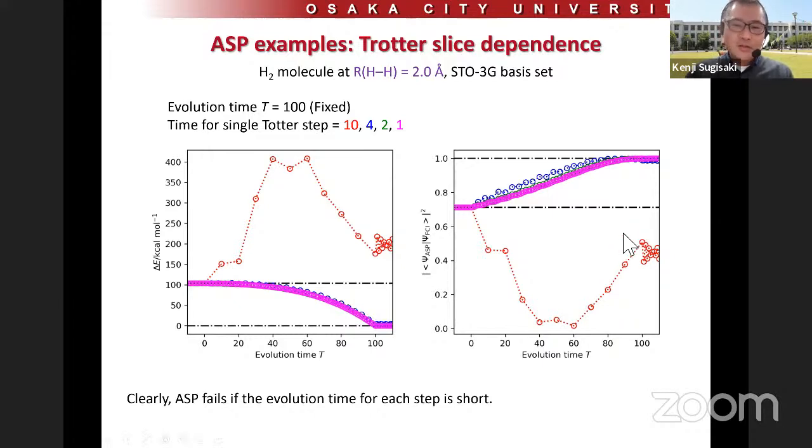So we can say that the time for the single Trotter step should be set to at least 4 or less to follow the adiabatic path.